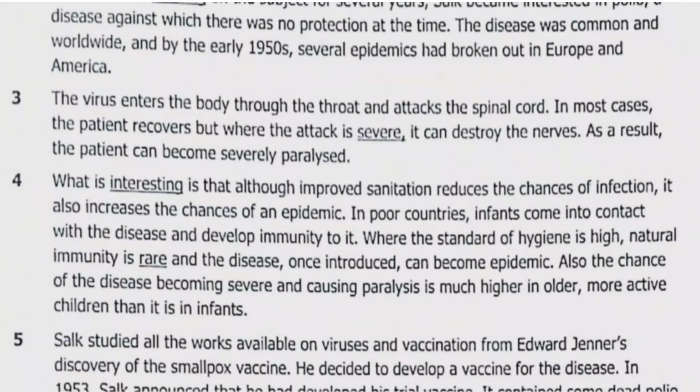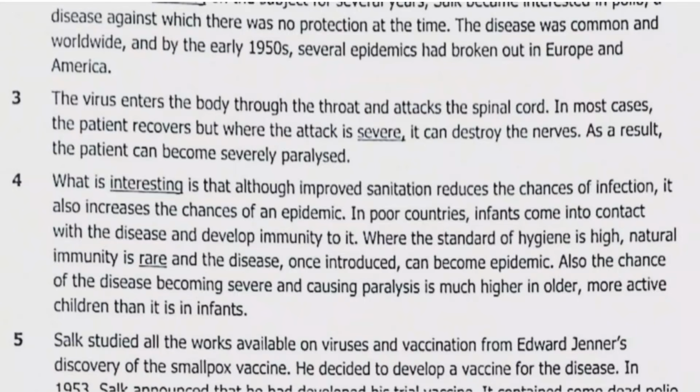Paragraph 4. What is interesting is that although improved sanitation reduces the chances of infection, it also increases the chances of an epidemic. In poor countries, infants come into contact with the disease and develop immunity to it.